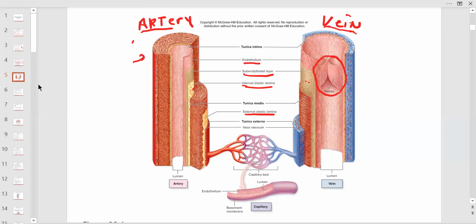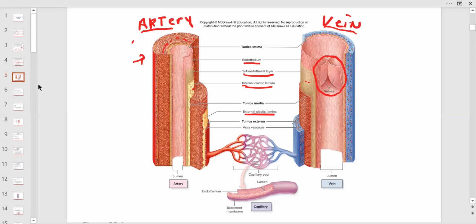I'll tell you why, because they're operating under so much heavier pressure. And they have this huge tunica media, which is the next layer out. Thick tunica media. It has its own vasomotor tone, which means it's kind of controlled by the sympathetic nervous system to maintain that tone.